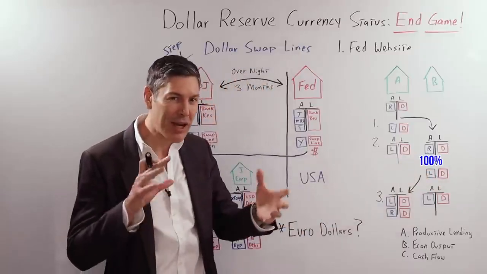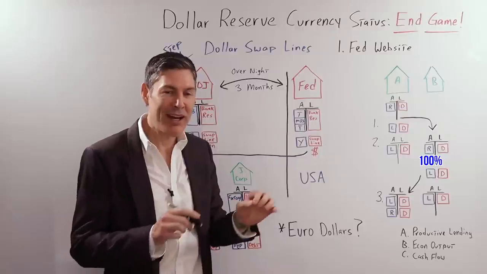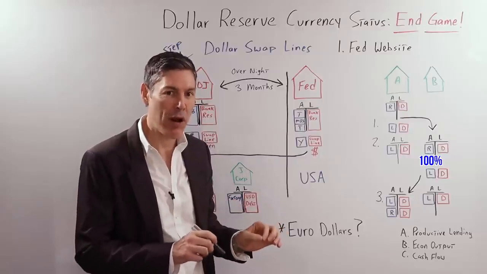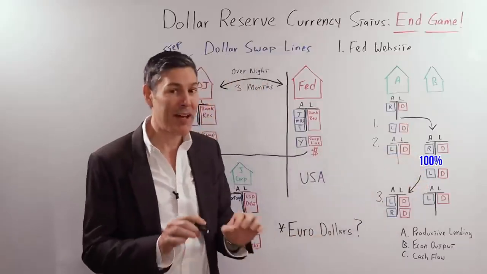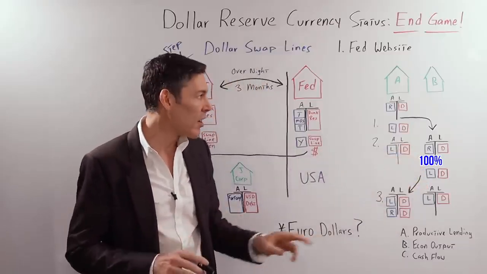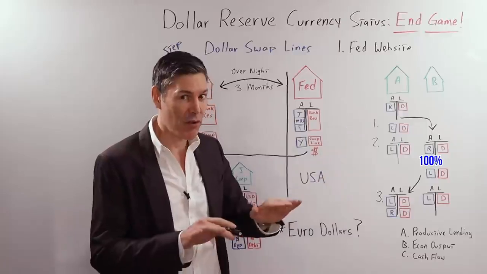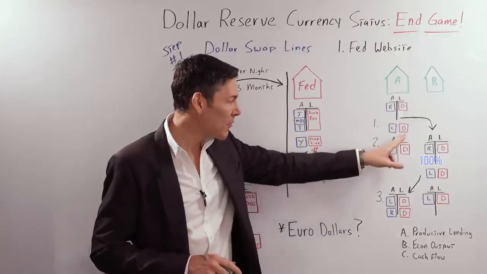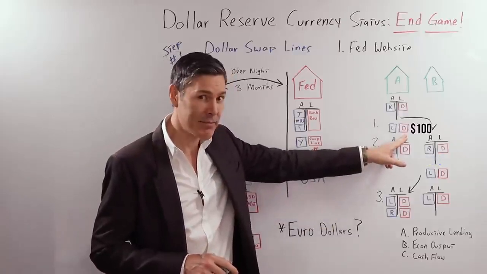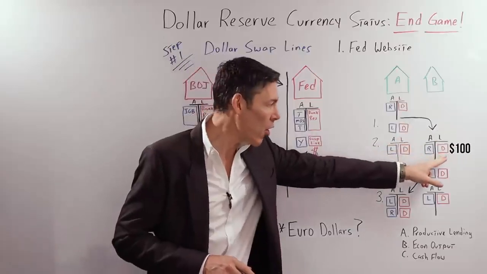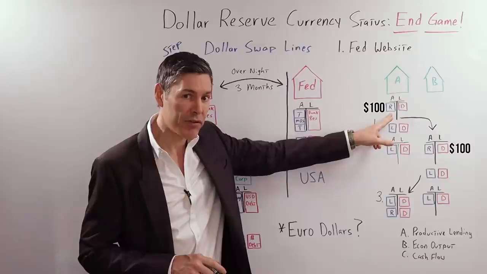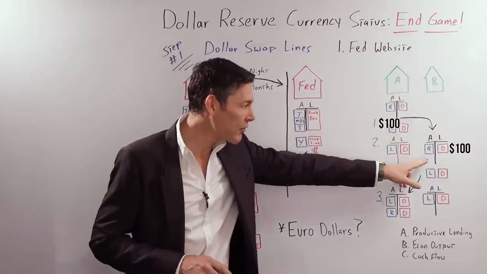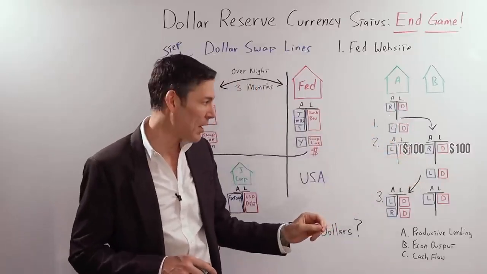A lot of people get kind of confused and they think, well, if there's a 10% reserve requirement, then maybe only 10% of the reserves would go over. But that's not how it works. So just to restate this so everyone's on the same page, if there's a $100 deposit that is transferred over to Bank B, there's $100 in reserves that would also have to go over to Bank B.